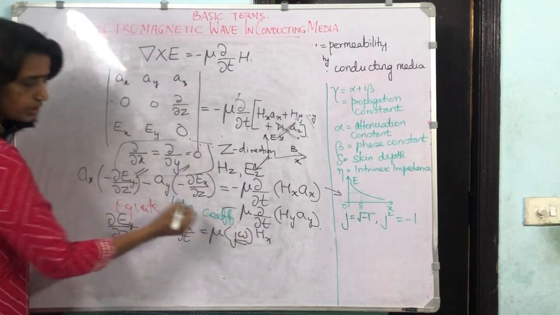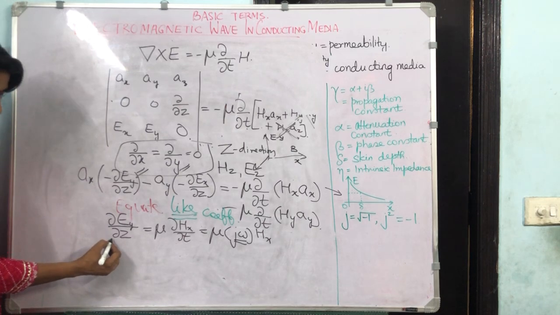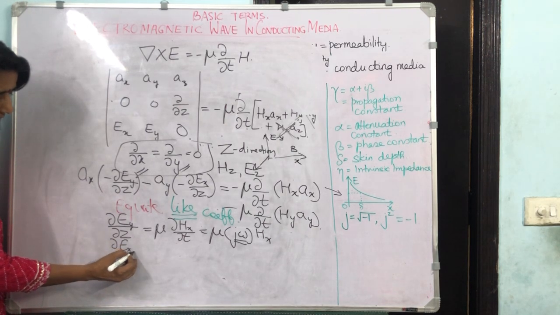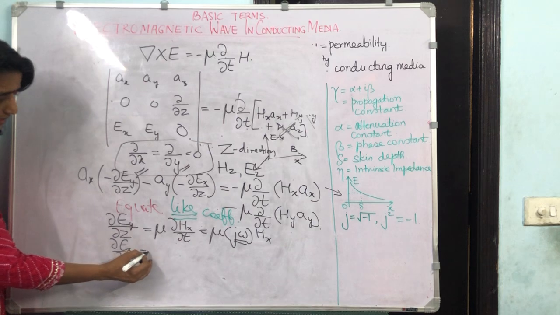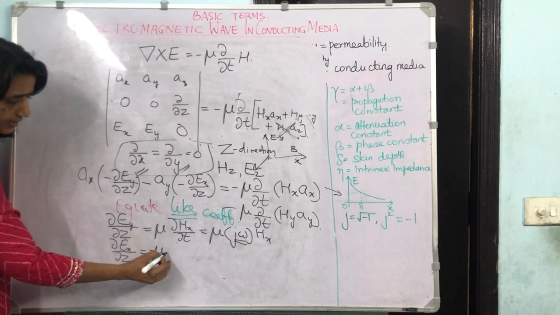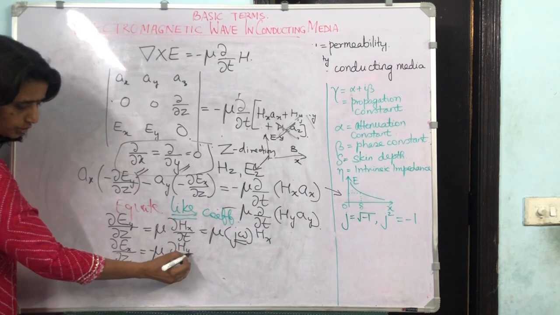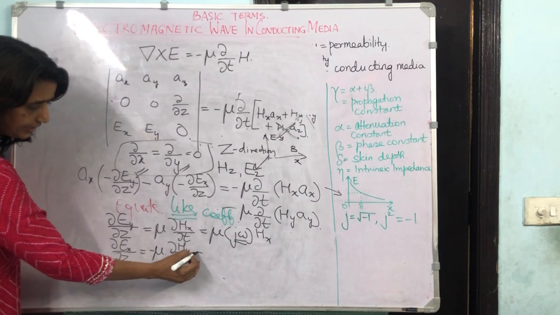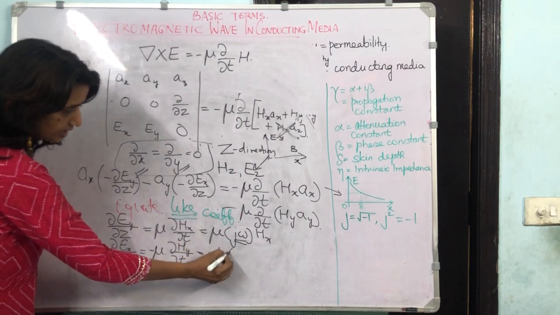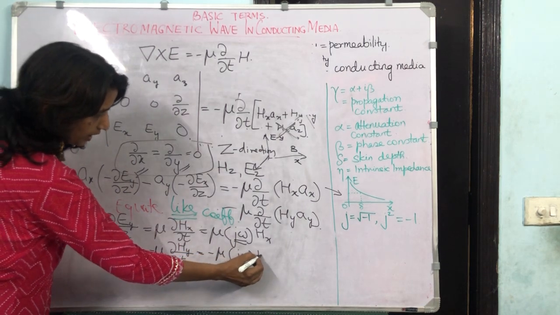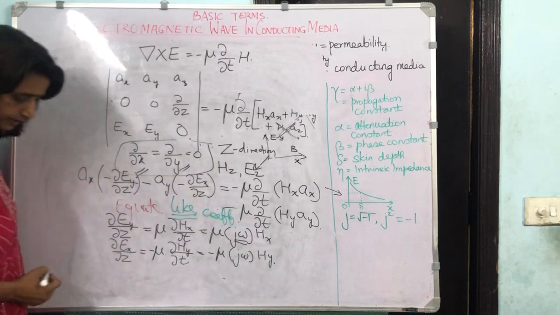Where do we get this j omega from? I will just show you right now. Del EX by del Z is equal to minus mu del HY by del t, is equal to minus mu into j omega HY.